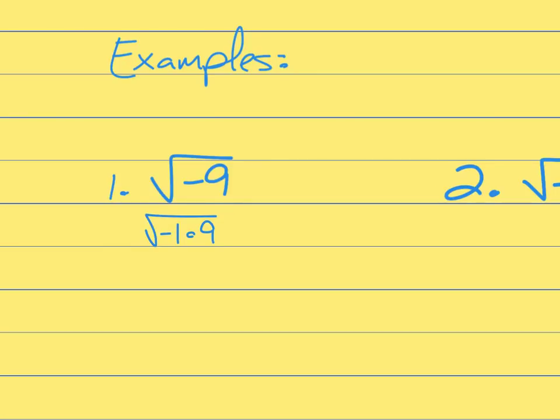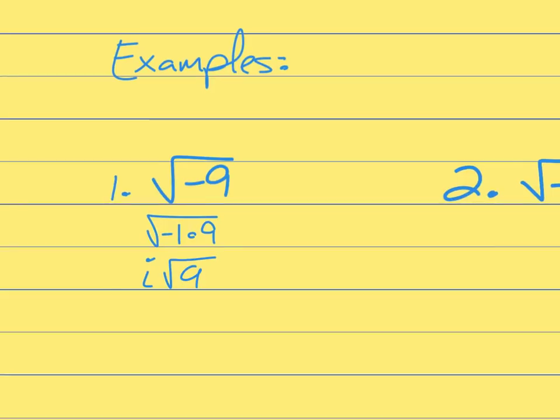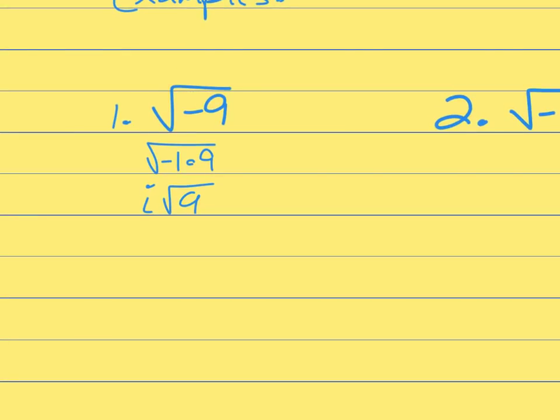Well, I can take that negative 1 out now, and it becomes I times the square root of 9. I can also do the square root of 9, and that is 3, so your answer becomes 3I. So really, and I didn't need that many steps, but I'm trying to show you, really, it's the same thing as doing square root stuff. The only difference would be if it's a negative, you're going to have an I out there as well.